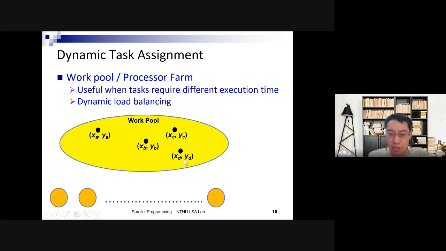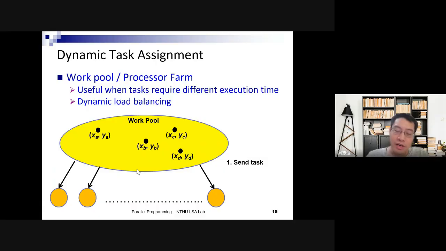The strategy is that because you have a master, you can ask the master to keep all the tasks, like all the pixels you need to compute. And you have a bunch of slave processes waiting to do the computation. And dynamic load balancing means that the scheduling decision is made according to the task completion order of those worker processes.